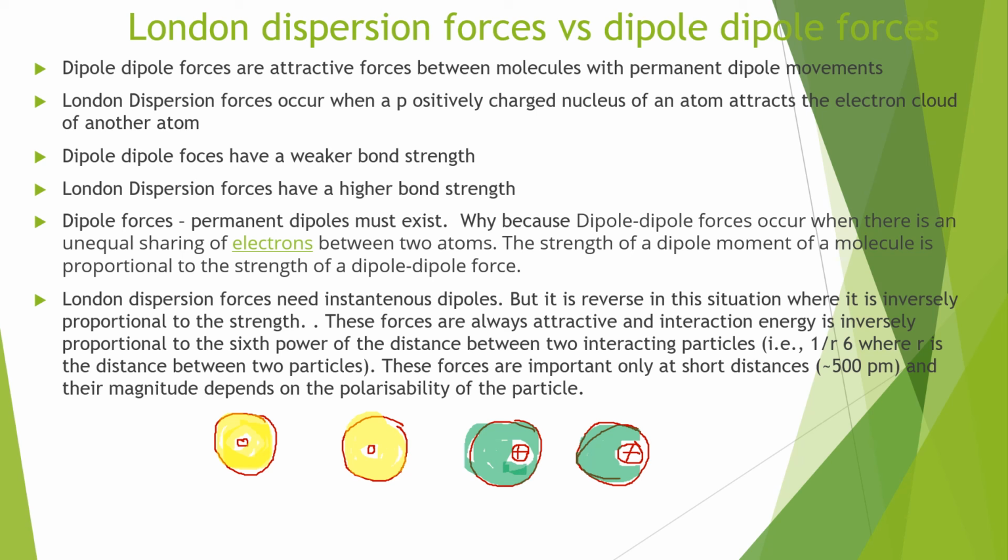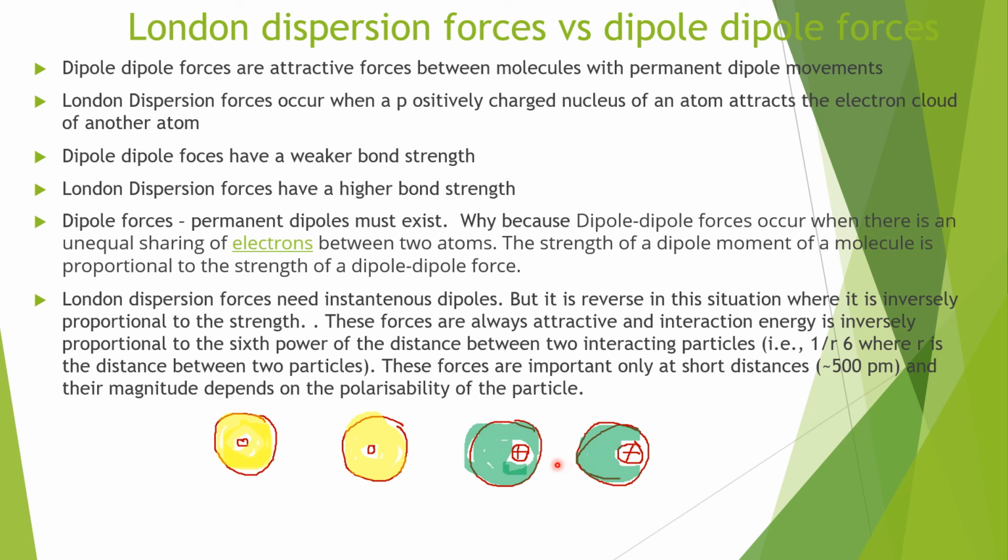Now, what is happening here? This positively charged nucleus is attracting the electronic cloud of this. That is nothing but London dispersion force. That is why they are having a higher bond strength.